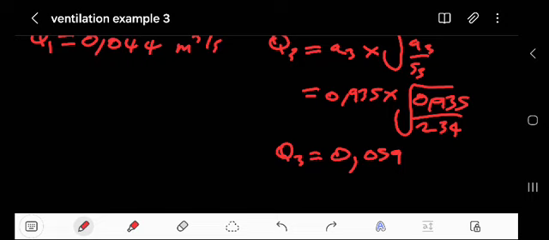So you can simplify the ratios. You can find the ratios.